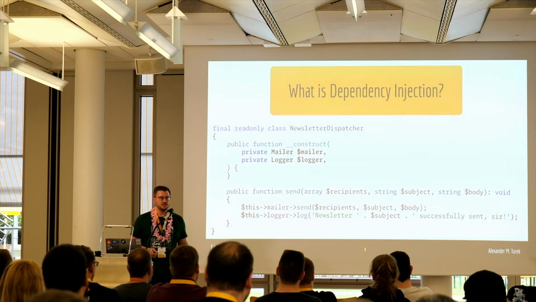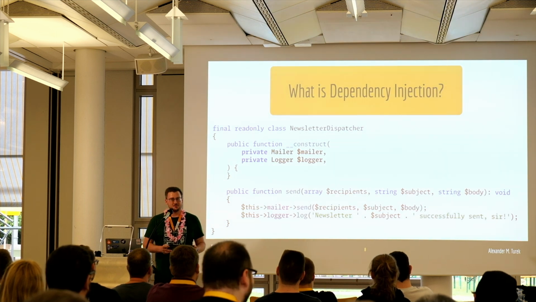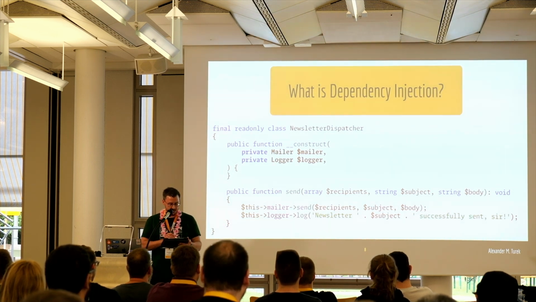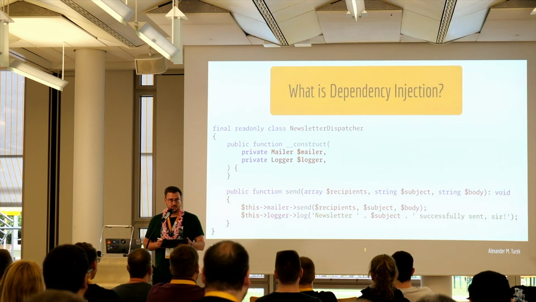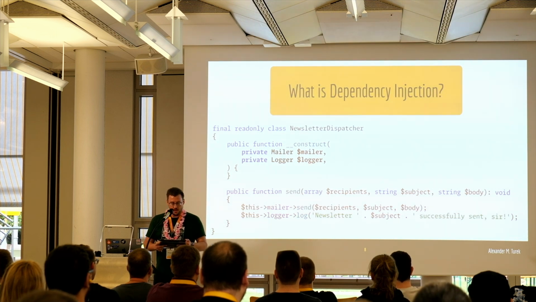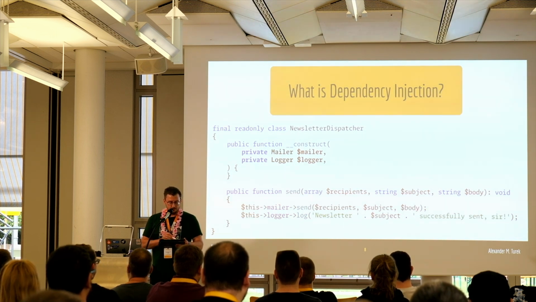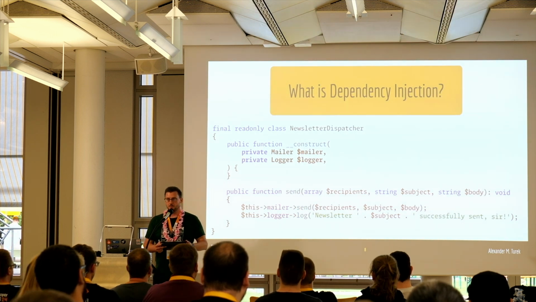Dependency injection basically means that my dependencies are being injected. So I have a constructor, in this case, from my newsletter dispatcher, and my newsletter dispatcher receives a mailer, receives a logger, and then when I actually send my newsletter, those two objects are being called. For those of you who don't know this notation yet, this is constructor property promotion.